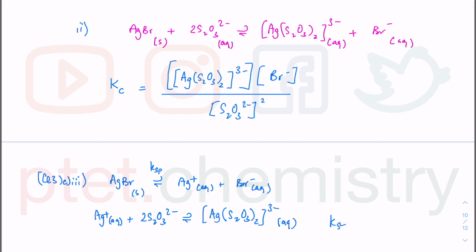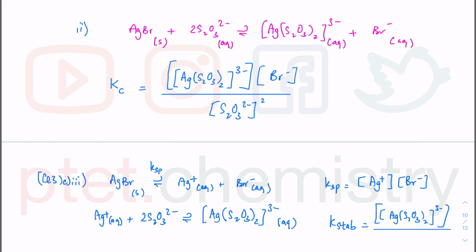So my Ksp is equal to the concentration of Ag+ times the concentration of Br-, both to the power of 1, according to this expression following the dissolving of the silver bromide. And from here our Kstab is going to be the concentration of Ag(S2O3)2 3-, don't forget concentration in the big square bracket, divided by the concentration of Ag+ aqueous as well as S2O3 2- squared.